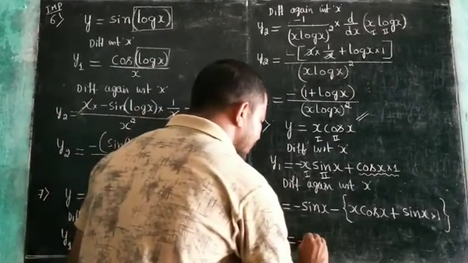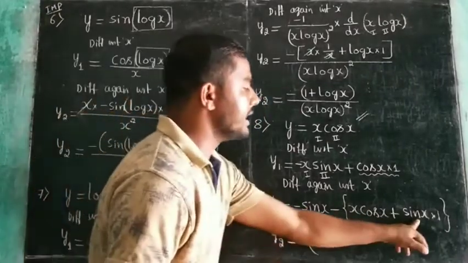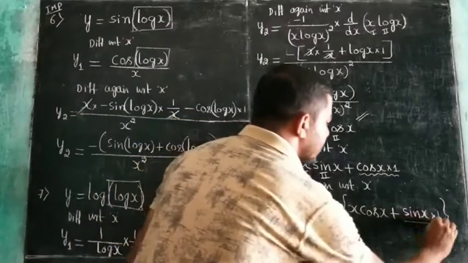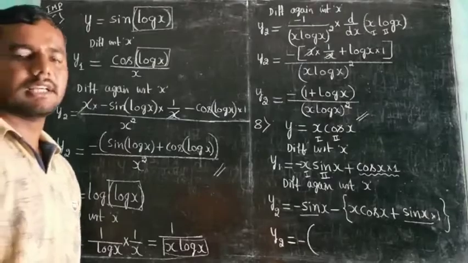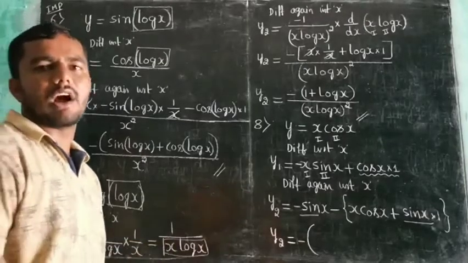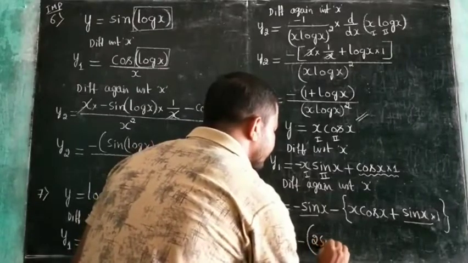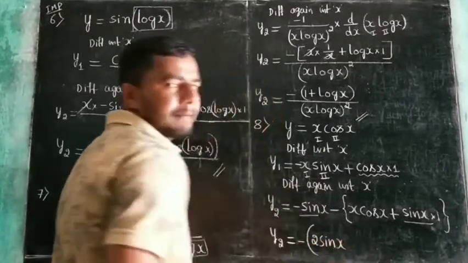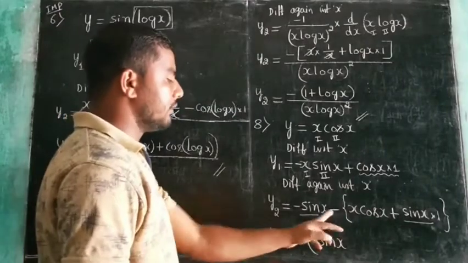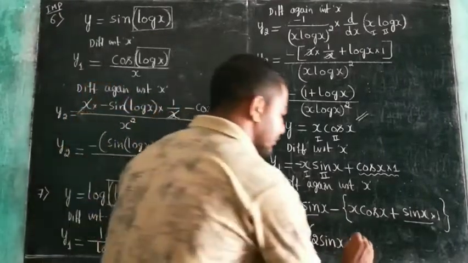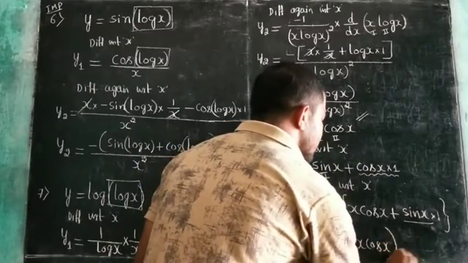Take minus as common, then it becomes 2 sin x, and then minus x cos x; taking minus as common, plus x cos x.